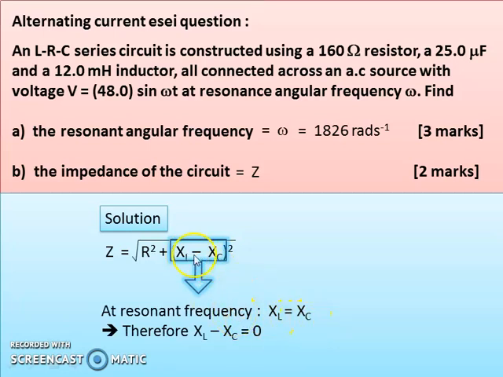So therefore, XL minus XC equals 0. So the equation becomes square root of R squared plus 0, which equals R. So R value is 160 ohm. Therefore, the impedance of the circuit is 160 ohm.